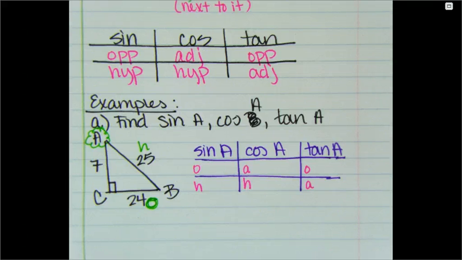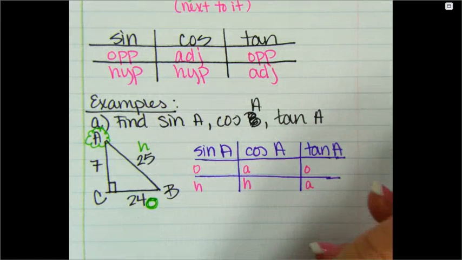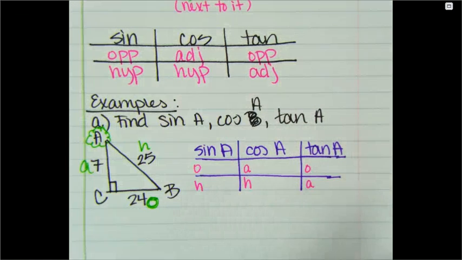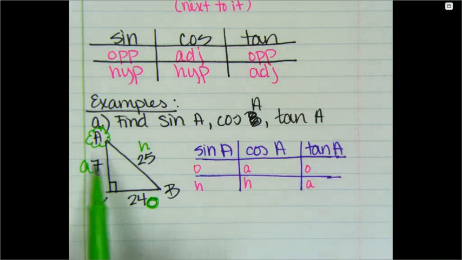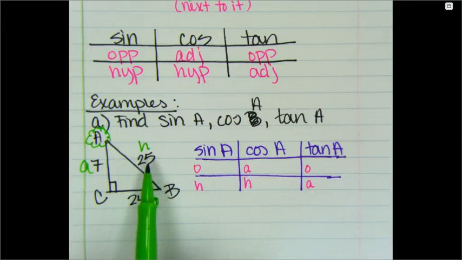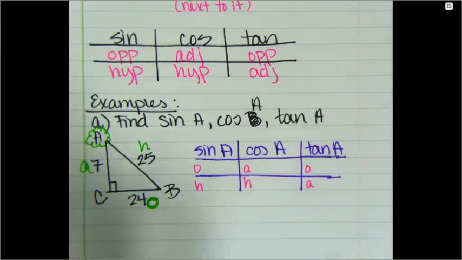Adjacent to angle A means it needs to be next to it, which is side what? 7. Yeah, CA, which is 7. Got it? Label your hypotenuse first. The reason why is people get stuck on adjacent, and they're like, well, is it 7 or is it 25? Well, that has to be the hypotenuse, right?